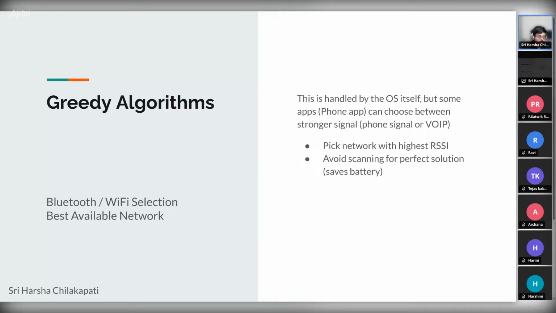When your carrier supports VoIP, for the highest voice clarity, if there is a Wi-Fi which has a higher strength, it will go over Wi-Fi. And if you don't have Wi-Fi, then it will start using your mobile data. This is the case for Jio and Airtel today. So your phone app, which makes the calls, does this distinction. One more example of a greedy algorithm.